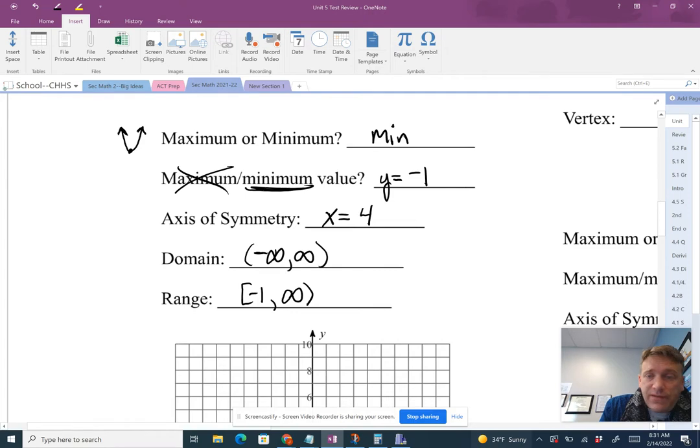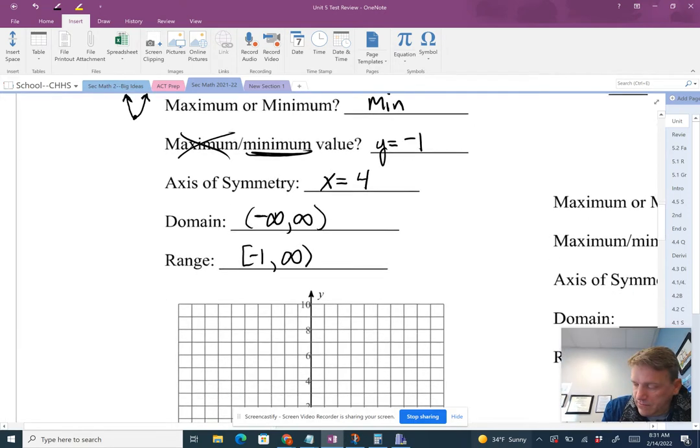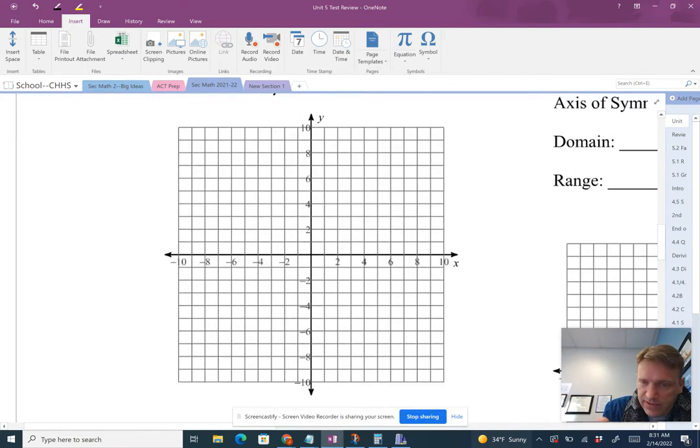And now if we want to graph this, we might start by looking at the vertex. So there's (4, negative 1). And then we'll graph our axis of symmetry. Let's go ahead and label both of those points. This is (4, negative 1).